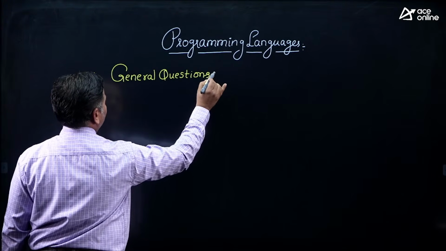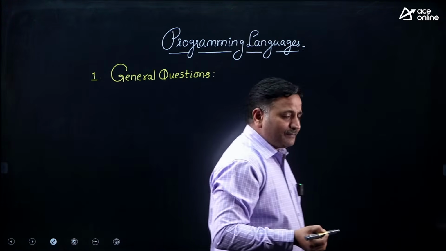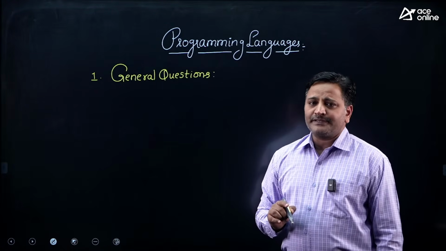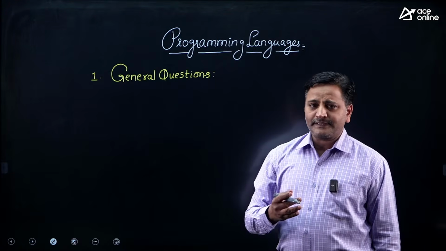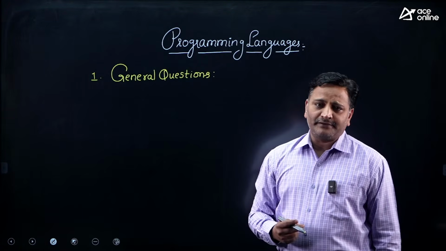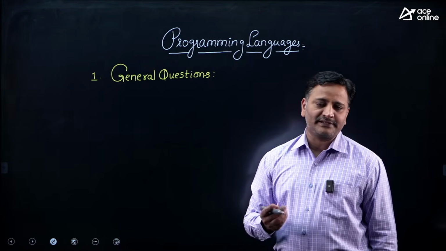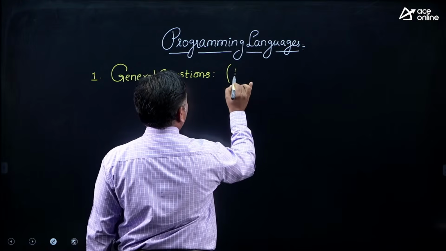These general questions are completely based on mathematics concepts. For example, one time they asked a question based on the expansion of e power x, where they had written a program and asked what the program will return. They provided options like log x, e power x, cos x, sin x. So general questions are basically mathematical concept questions.